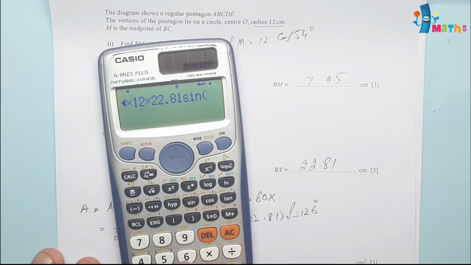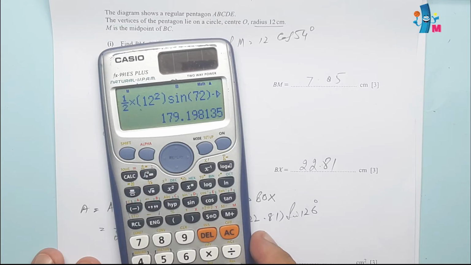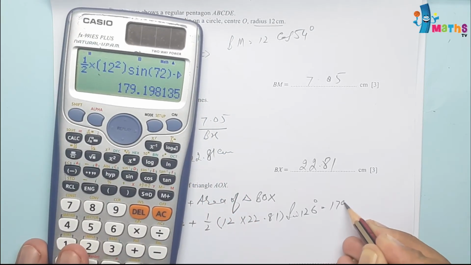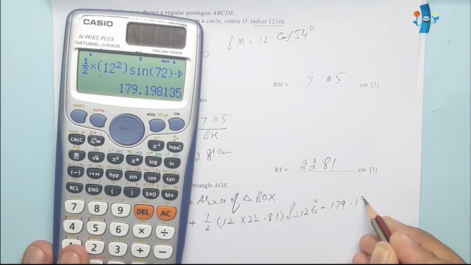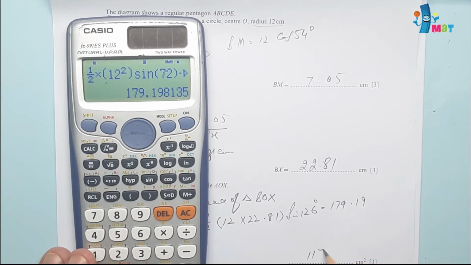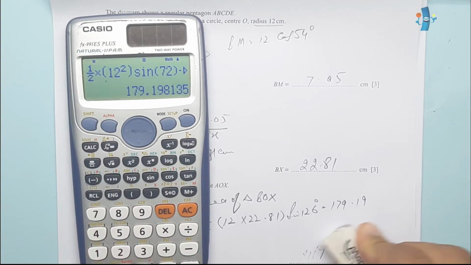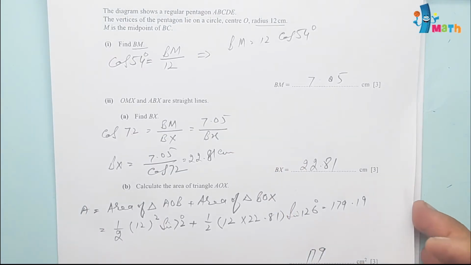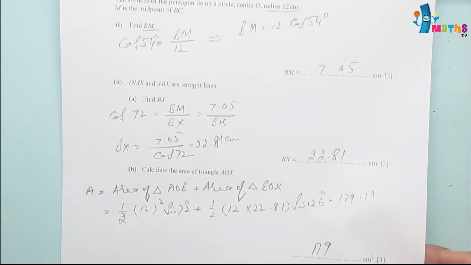This will be equal to 179.19. So we can write 179, basically. This will be centimeter squared.